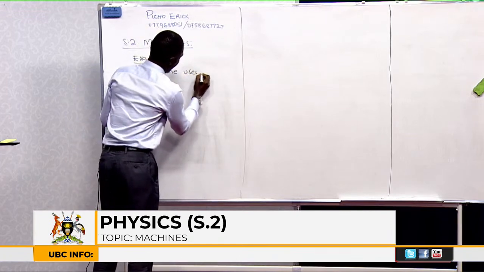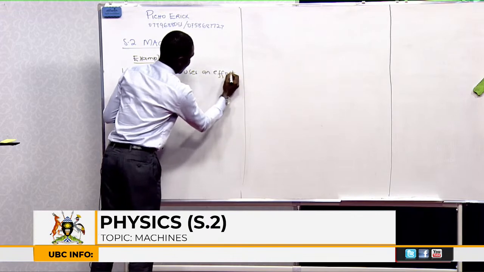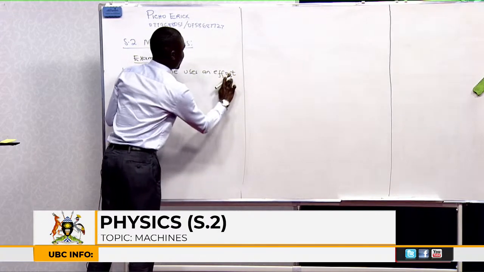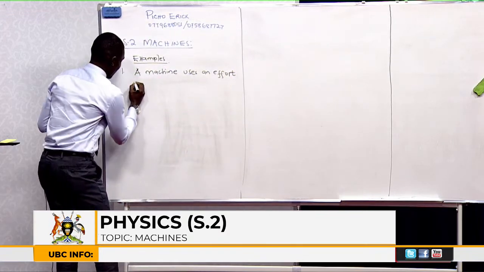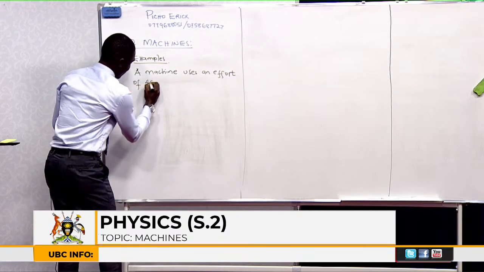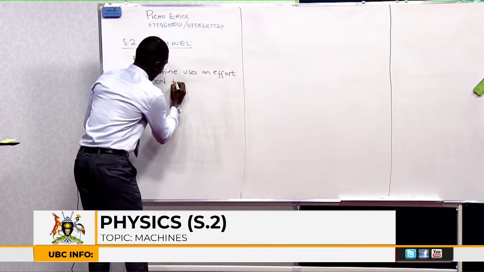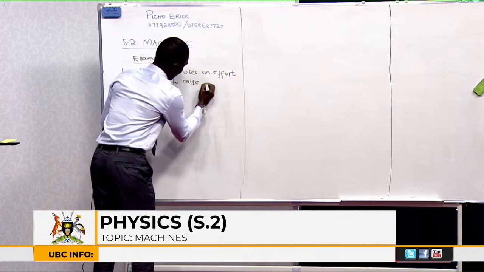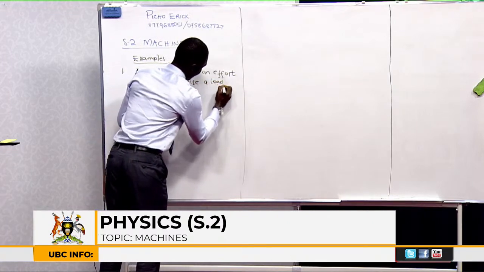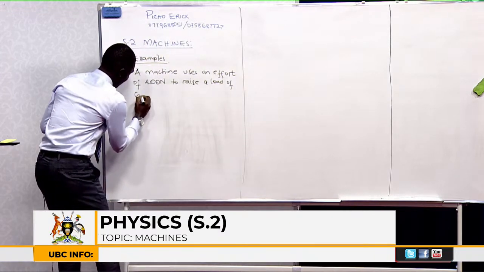A machine uses an effort of 400 Newton to raise a load of 600 Newton.